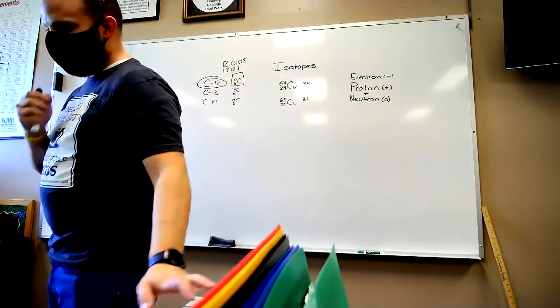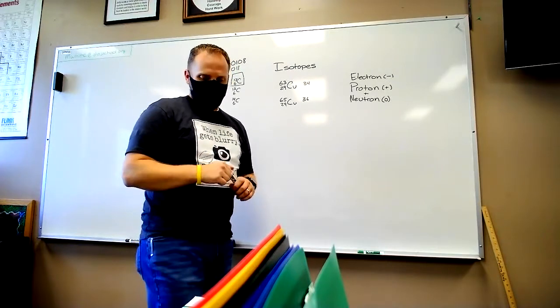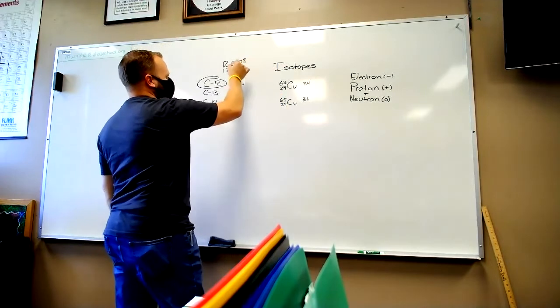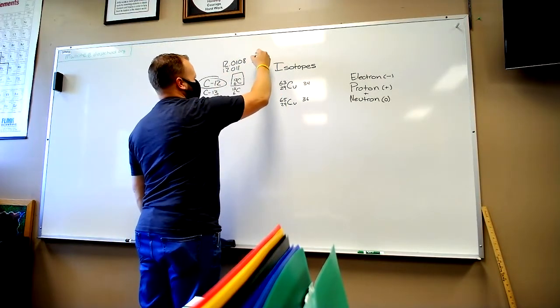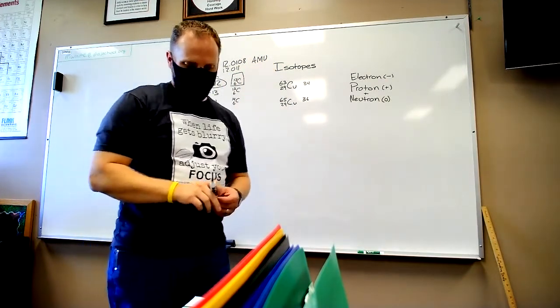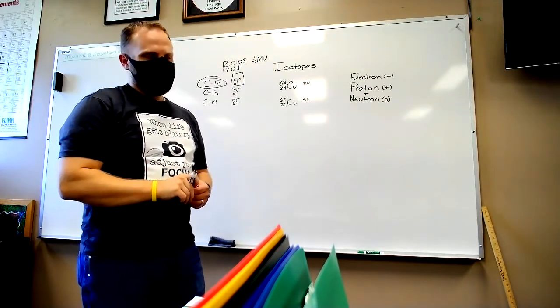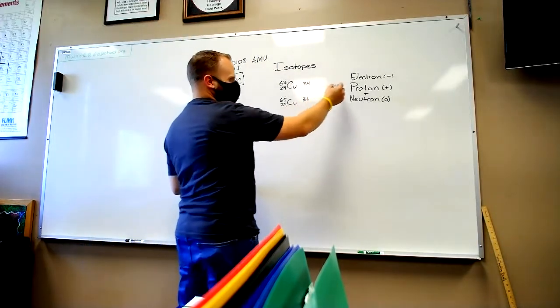We'll just point out a couple of vocabulary pieces before we wrap up for the day. When we say a mass, what we're talking about is called an AMU, an atomic mass unit. Basically that equals one proton.